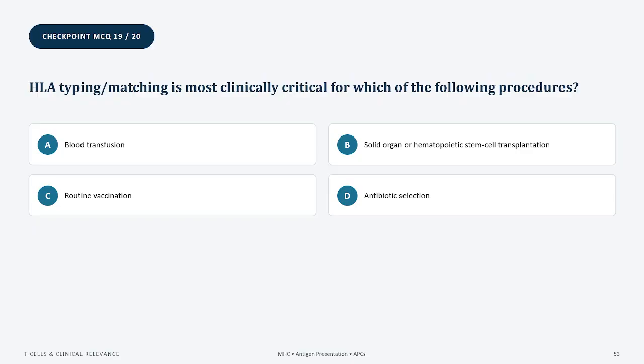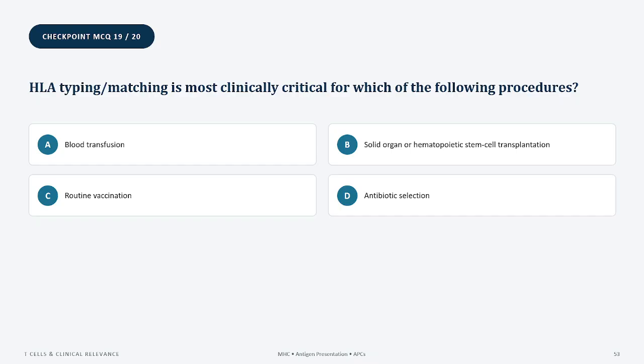Great. Now, HLA typing matching is most clinically critical for which of the following procedures? So what does HLA typing do?